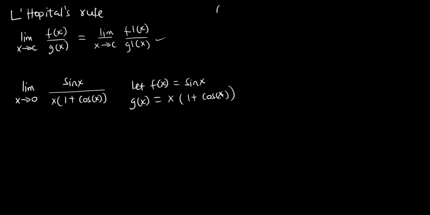What you have to know is that f prime of x is the same as df of x over dx, and g prime of x is also the same as dg of x over dx. So if you see this notation, they are all the same. Let's find the derivative of these two functions.